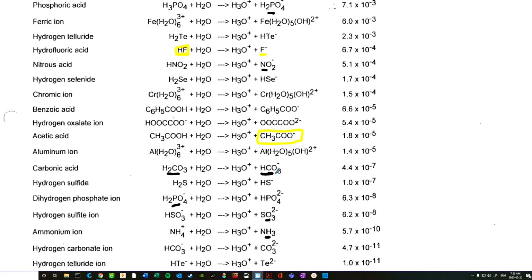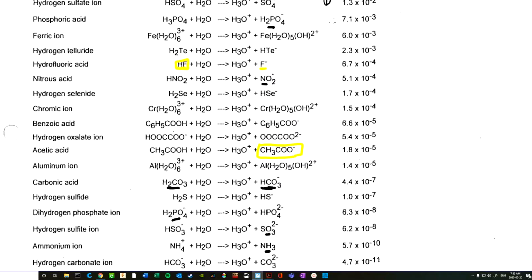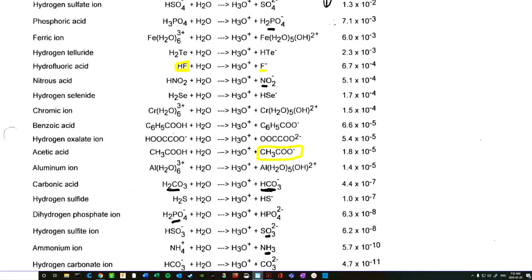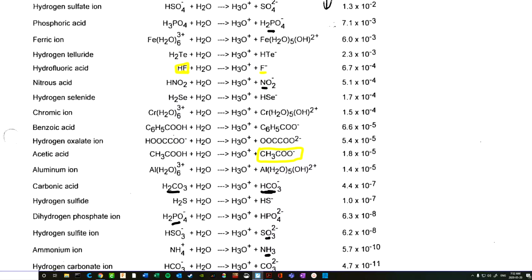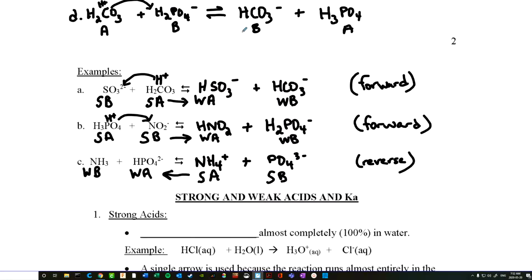Okay, so here's this guy here and the H2PO4. Where are you? There you are, up here. Okay, so this is lower down, so that's going to be our strong base. Making this our strong acid. Weak, weak. So this one would be the reverse favored.